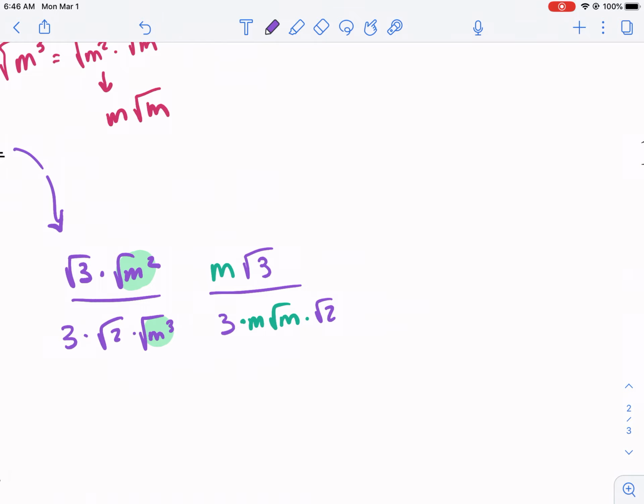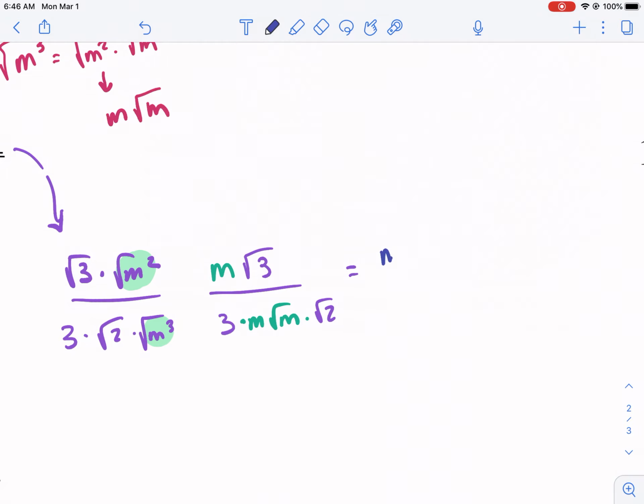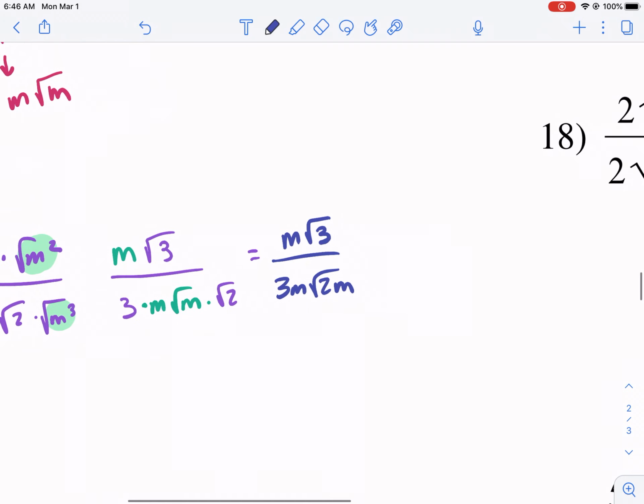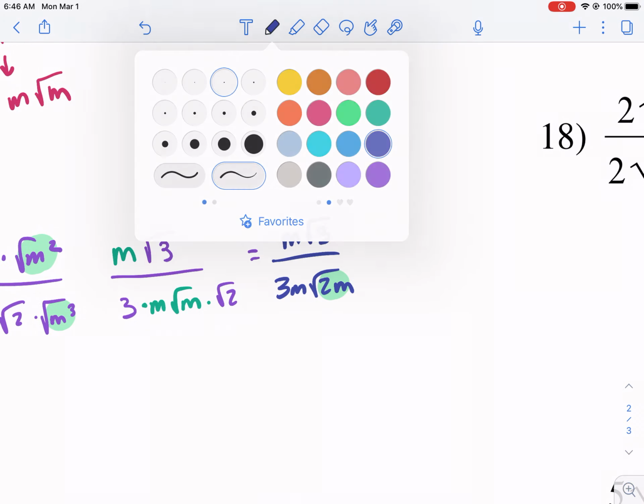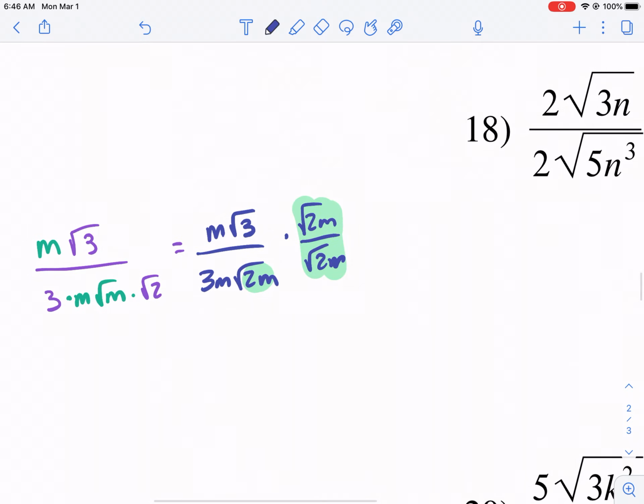Now I have, let me rewrite this in blue, change it up. m radical 3 over 3m square root of 2m. We see this in the bottom. We can't have it. We need to multiply by radical 2m over radical 2m to get rid of it, to simplify it, to rationalize the denominator.